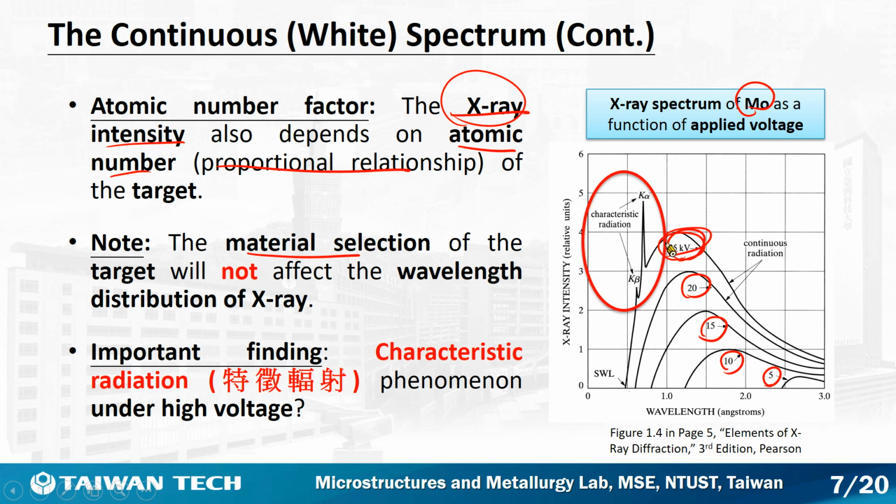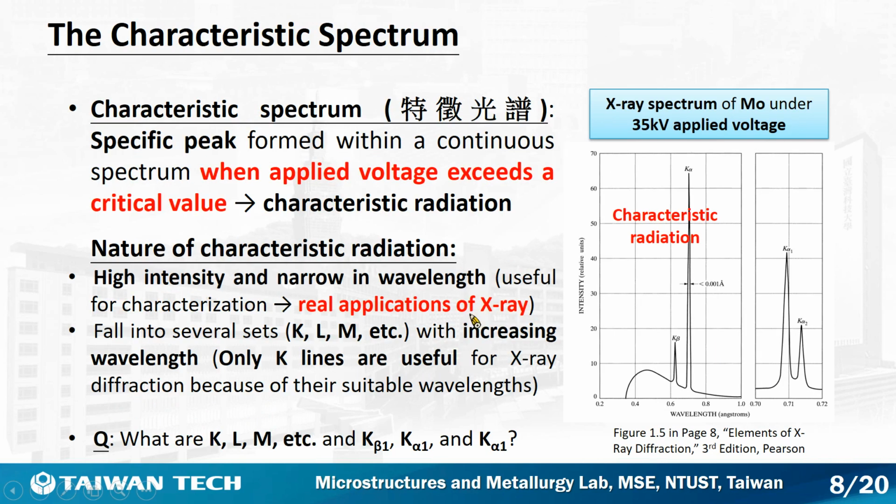So it seems that if we increase the applied voltage to a certain degree, then we will see a characteristic radiation. We call it 特征辐射. Okay, so it must be under a high enough voltage. So in the next few slides, let's talk about this characteristic radiation or spectrum.